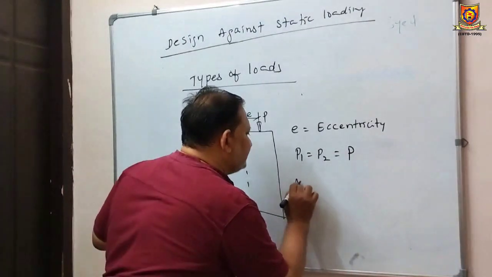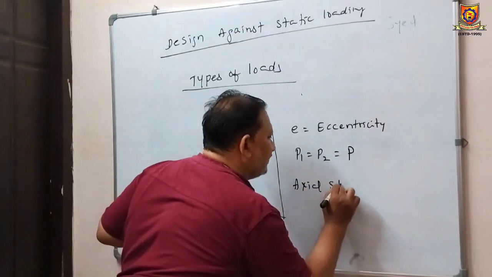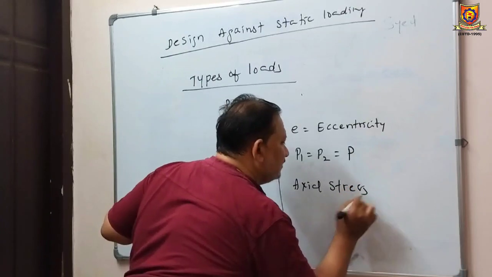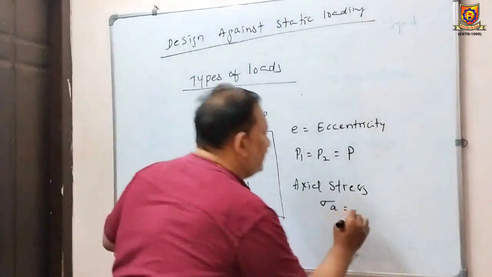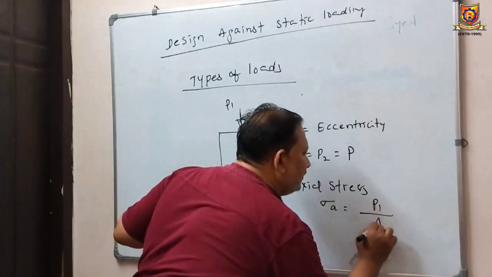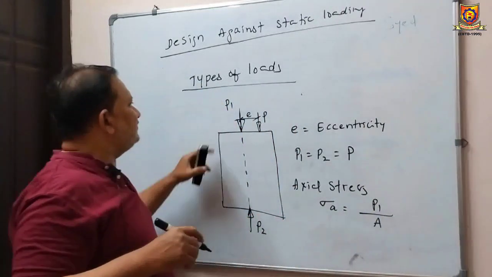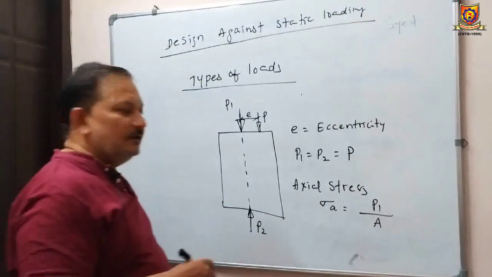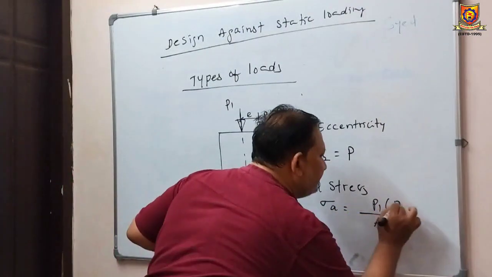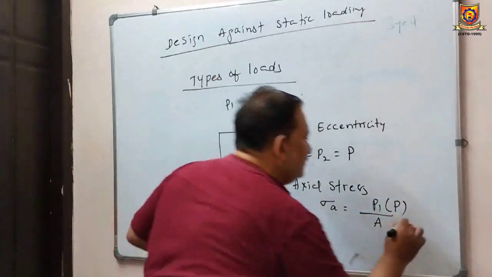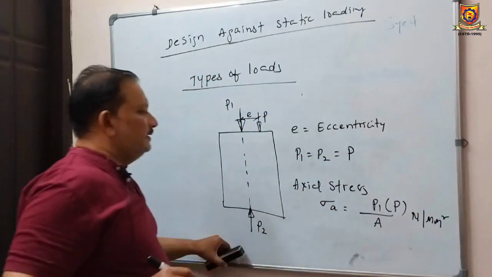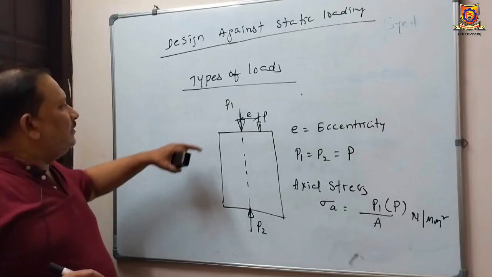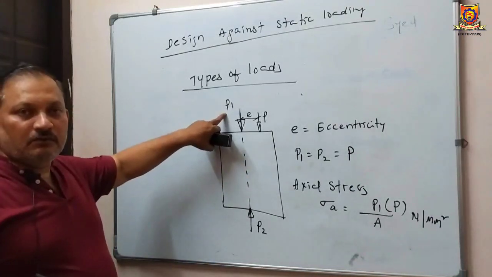So axial stress, sigma A, is load divided by area. What is this load? P1 by A. P1 is nothing but equivalent to P. So much of Newton per mm square. Okay. Now the contribution of P1 is over.